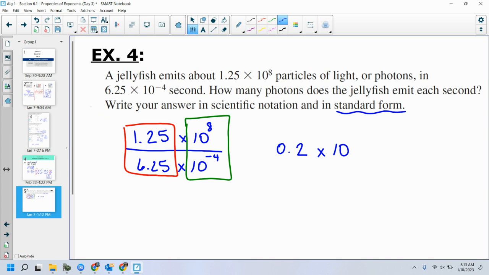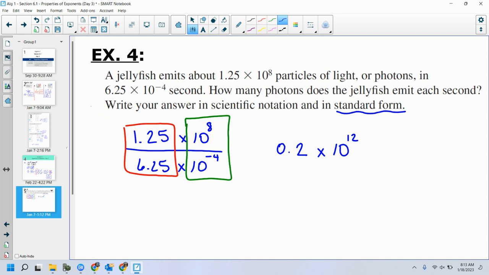When I'm dividing powers, don't I have the same base? When I'm dividing, what do I do? Subtract. So what is 8 minus negative 4? What is 8 minus negative 4? 12.